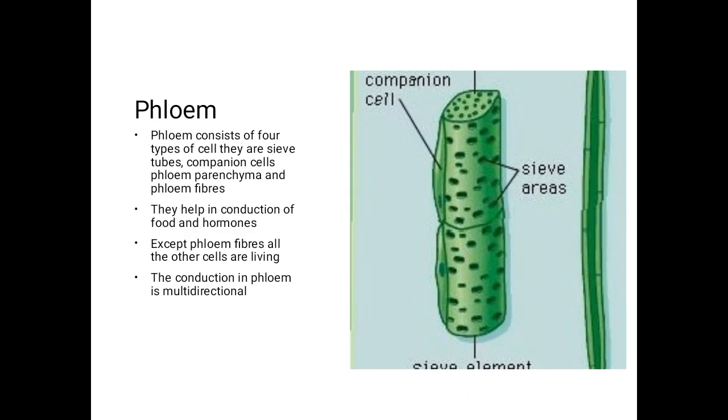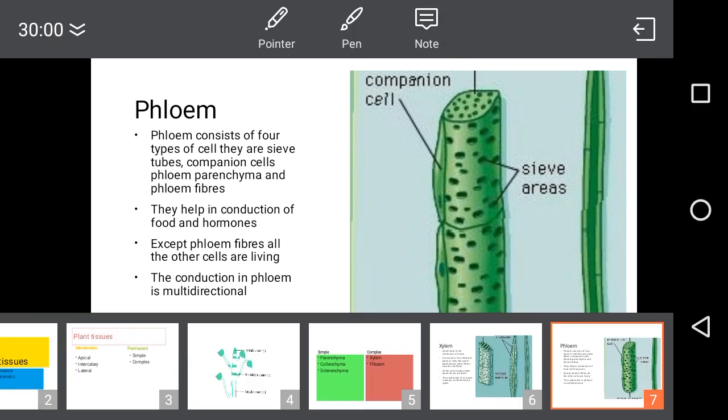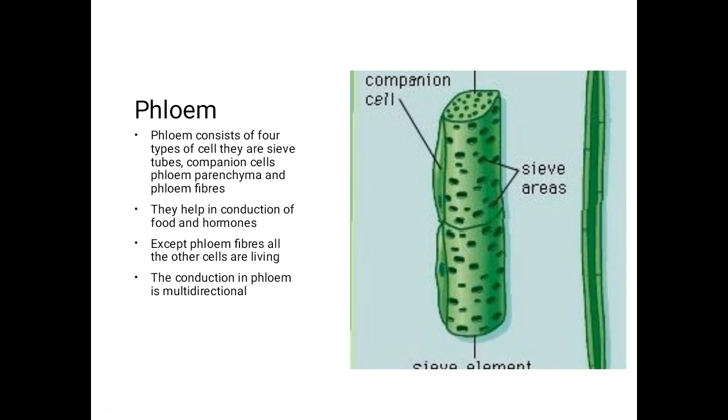And you can see some cells closely attached to the sieve tubes. They are known as the companion cells, and their main function is to help the sieve tube to function.